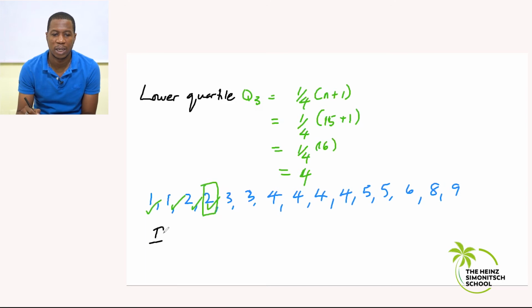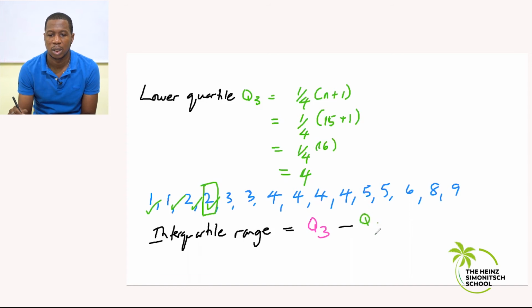So therefore our interquartile range will be equal to, as we saw before, Q3 minus Q1, and we have found them.